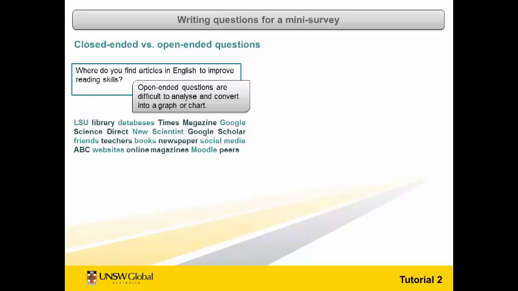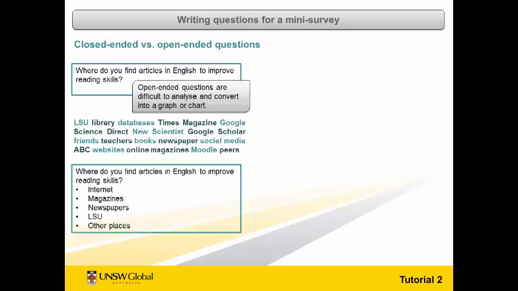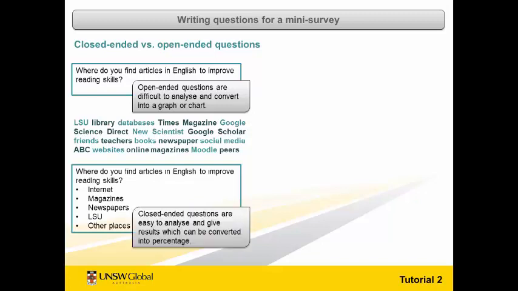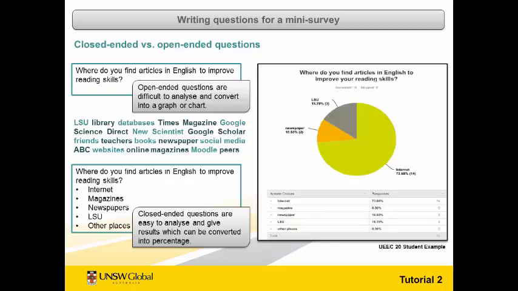So in order to produce a graph, it's better to go for a close-ended question. And we can do this simply by taking the same question and changing it into a multiple choice question. This makes it a close-ended question, and these are far easier to analyze as they can convert the results into percentages. Once we have percentages, we can produce a graph like this, which is perfect for our group presentation in week 5.